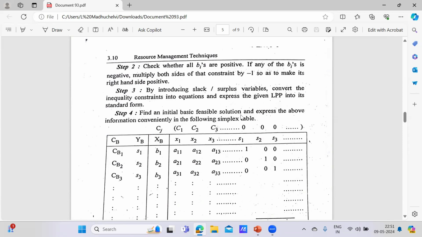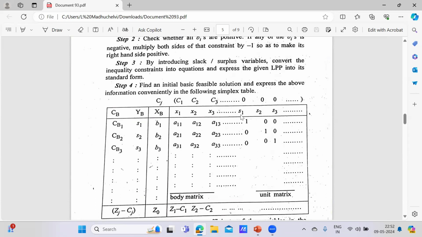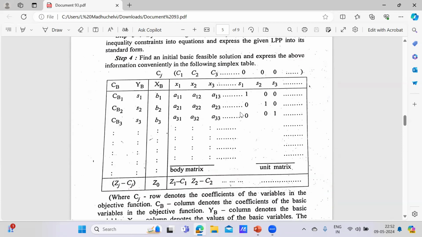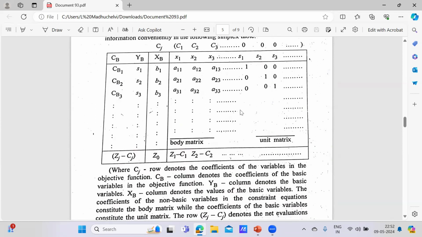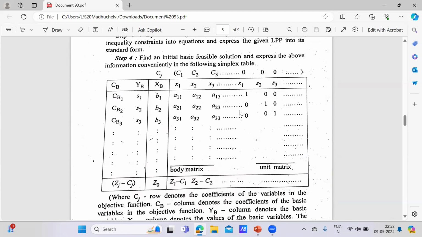Step 4, we have to find an initial basic feasible solution and express the above information conveniently in the following simplex table. That is initial simplex table. Here, see the table, the Cj row denotes the coefficients of the variables in the objective function.